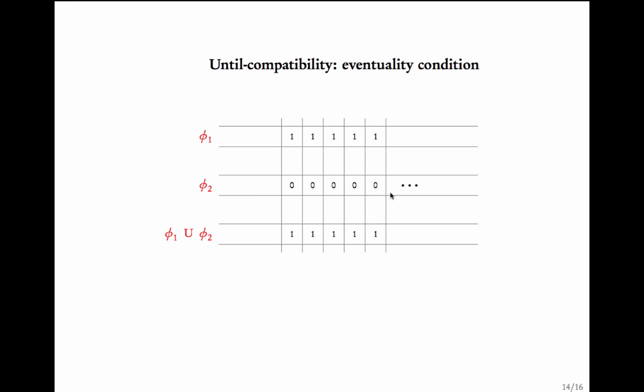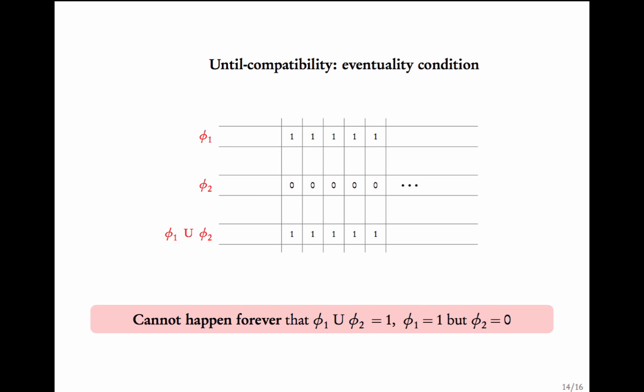Eventually, phi2 will become true. It cannot happen forever that phi1 is true, phi1 until phi2 is true, but phi2 is always 0. This particular pattern cannot keep occurring forever. This definitely happens in the formula expansion.